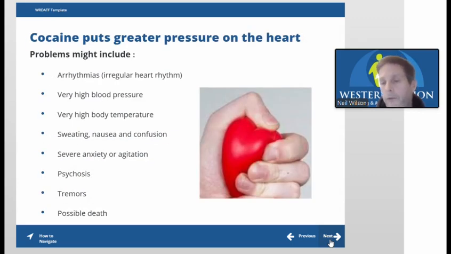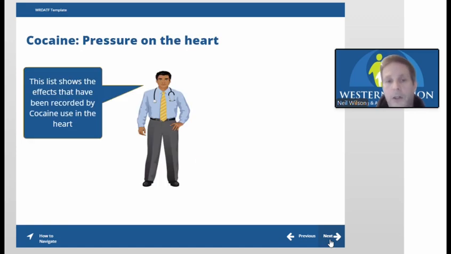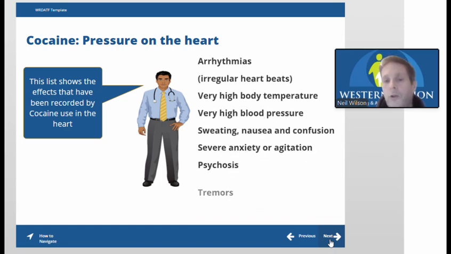Probably the most well-known effect is the effect on the heart, and certainly it's putting pressure on the heart, as cocaine is a strong stimulant. And as you can see here, there's a whole range of different effects which could well lead to the need for hospitalization or certainly emergency medical attention.